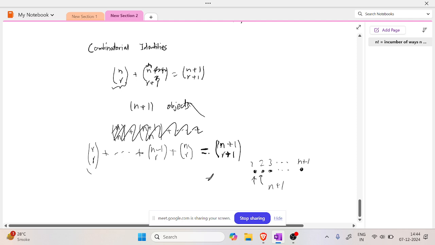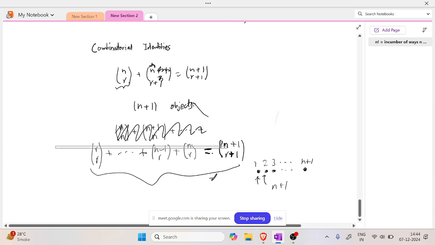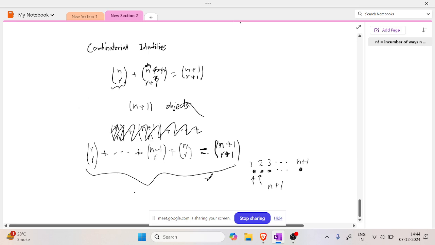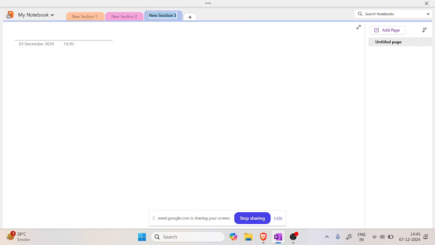So this identity is sometimes called the hockey stick identity.